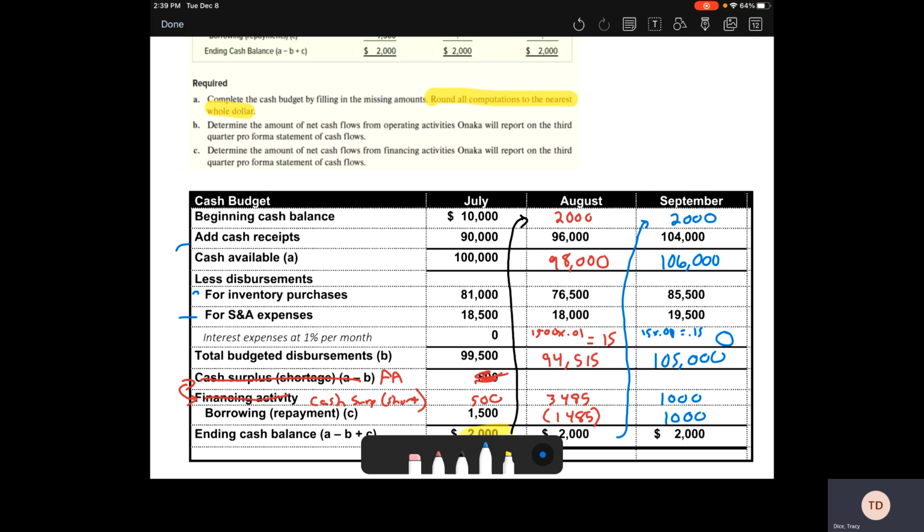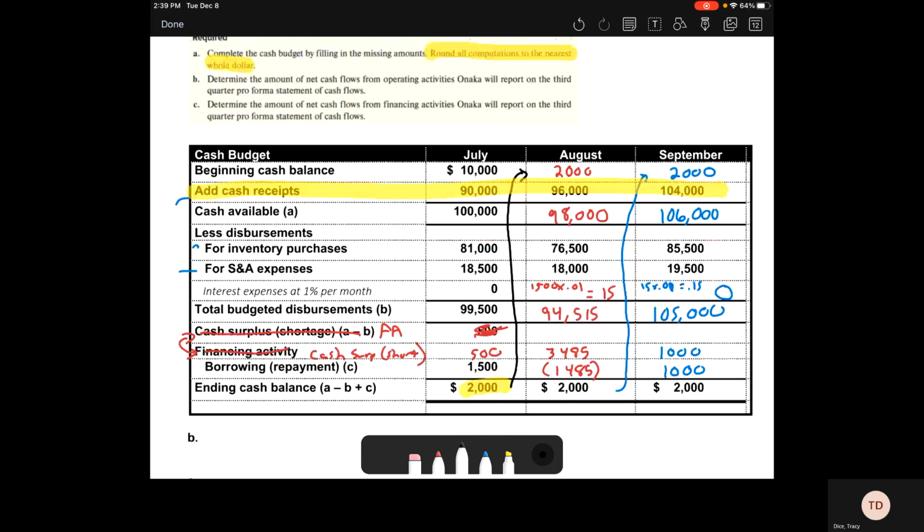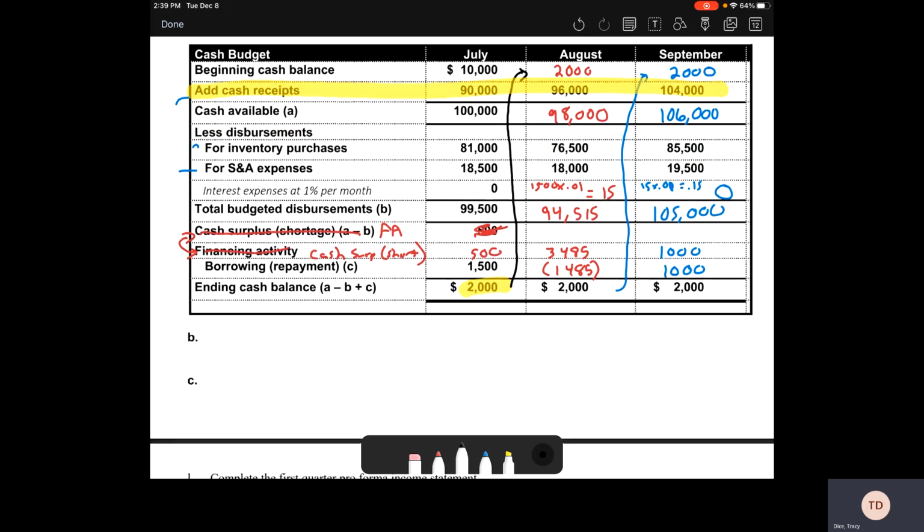So that's part A. Part B now says determine the amount of net cash flows from operating activities that they will report on their third quarter pro forma statement of cash flows. All right, so net cash flows for operating activities. We're going to look at the total of cash receipts first. So we add all those up.